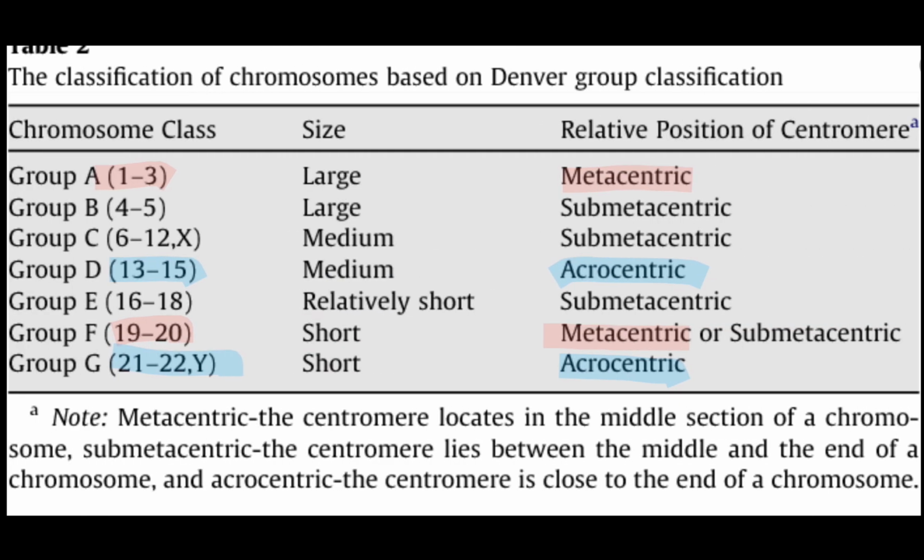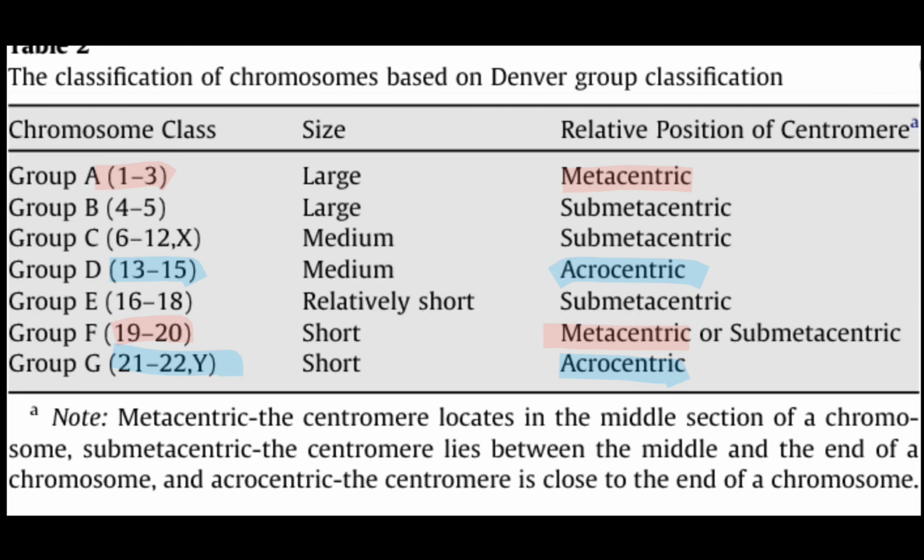Okay. So we need to remember which chromosomes are metacentric and which are acrocentric. Chromosomes 1, 2, and 3 are metacentric, and then 19 and 20 are metacentric. Then 13 to 15 and 21, 22, and the Y chromosome are acrocentric.